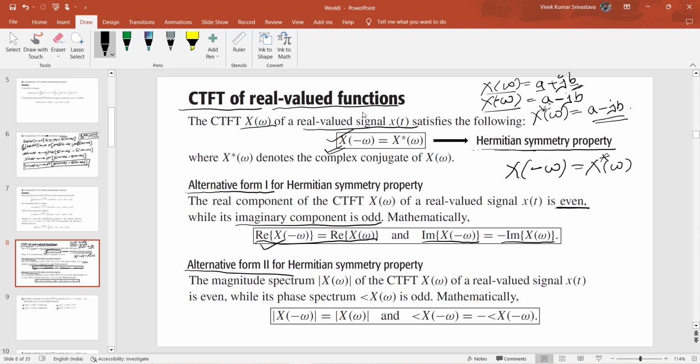The magnitude of x of minus omega will be equals to the magnitude of x of omega, whereas for the phase term, the phase of x of minus omega will be minus the phase of x of omega. Here this should be x of omega. Okay, so this is a very important property by which we can solve any problem. How to apply this concept to solve a problem, we will see in the next slide.